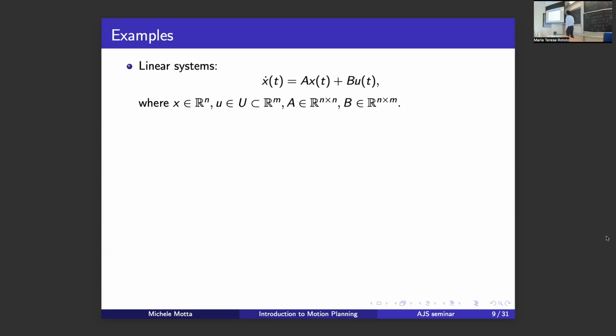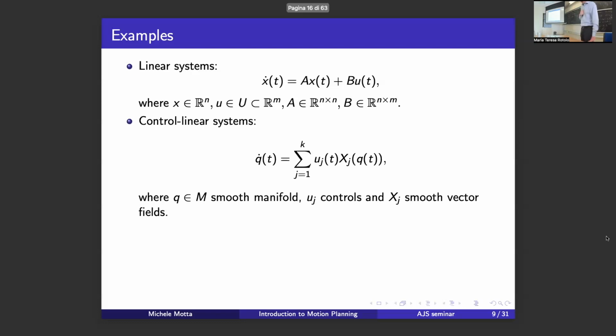So you have the state that is described by x, which is a vector of R^n, and the control is a vector of another R^n, which stays in a subset U. And here A and B are two fixed matrices. So this is a very easy class to use.